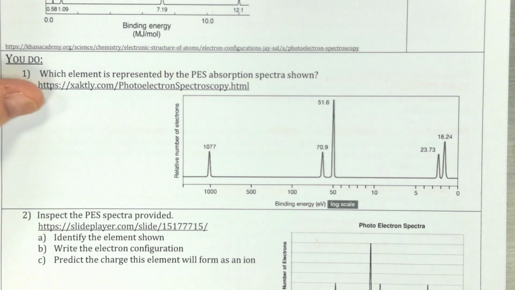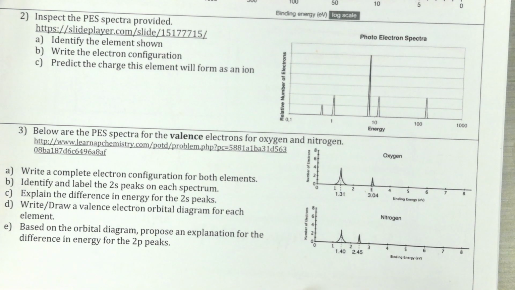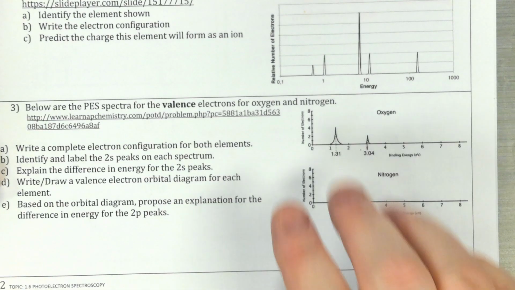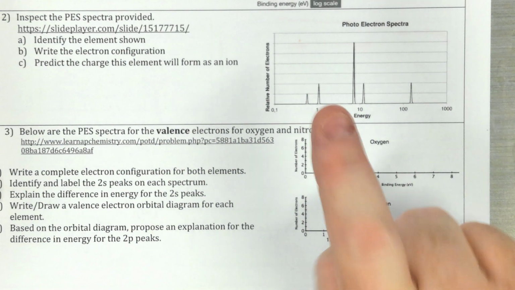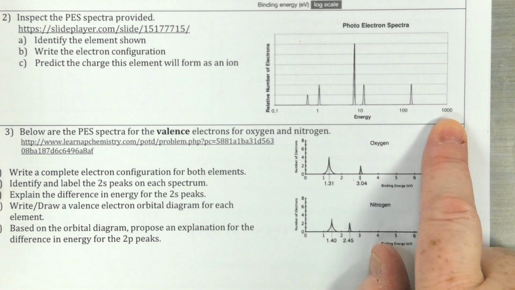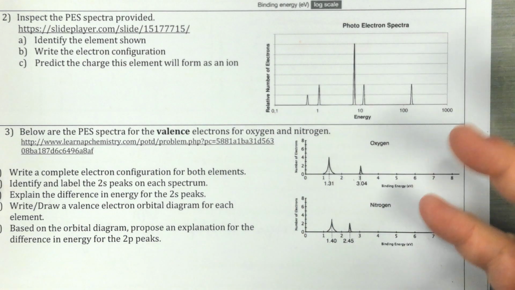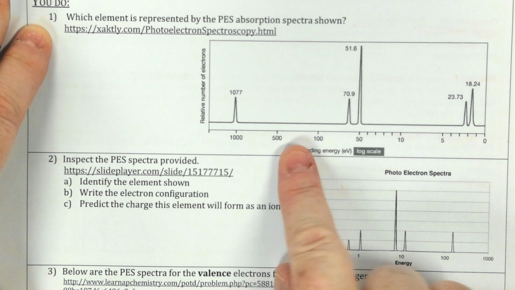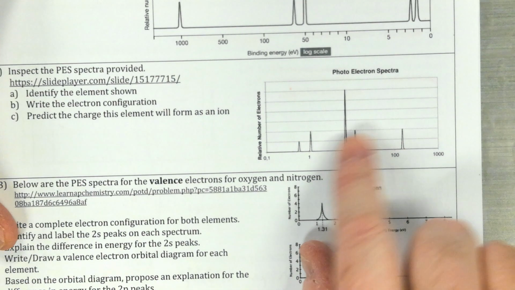Okay, all right, here's another PES. It is not stacked, but look at the axes. We've got the lowest binding energy to the highest binding energy. Typically 99% of the time it'll look like the other way, but sometimes they will reverse it on you.